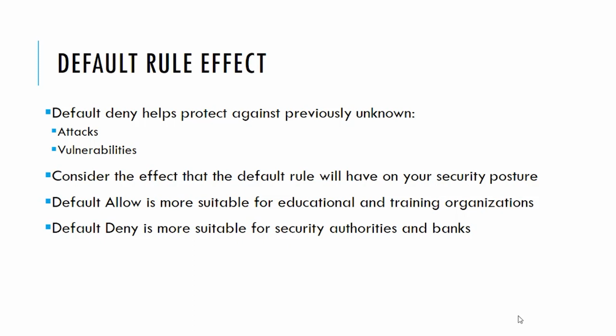So we don't know exactly, as security officers, the nature and type of this attack, and what criteria we should put inside the configuration of the firewall to protect from this attack. So if you choose your firewall to be default deny, denying any traffic by default, then this would be very helpful for zero-day attacks and zero-day vulnerabilities. Then you will be safe from this point of view.